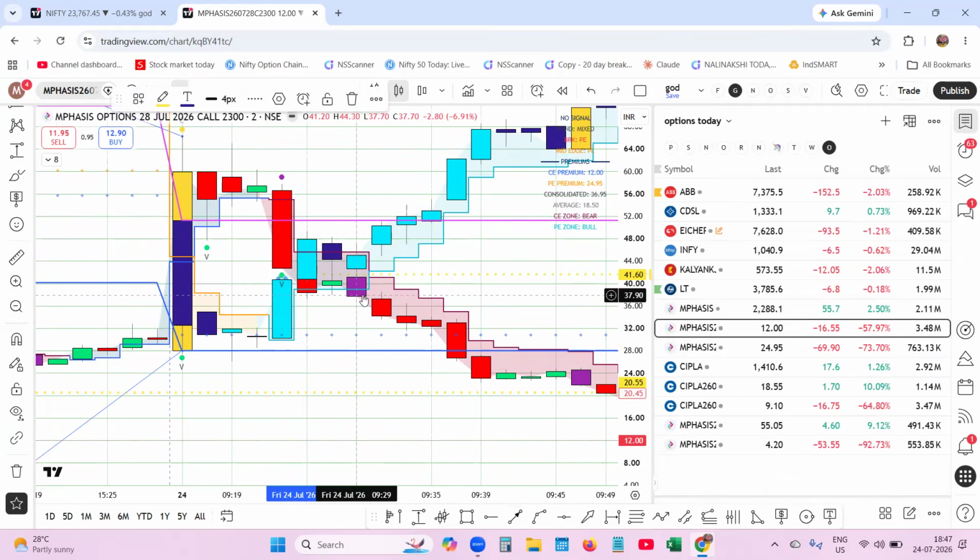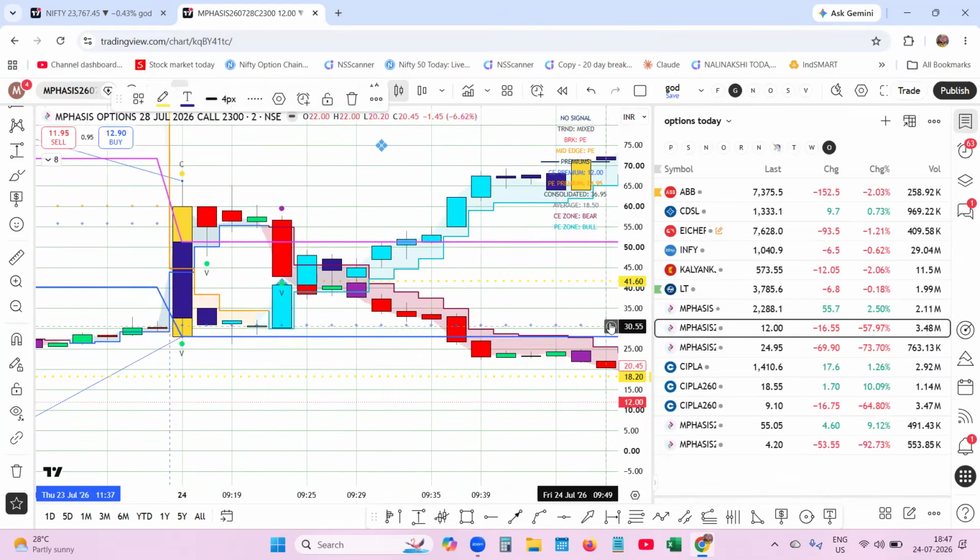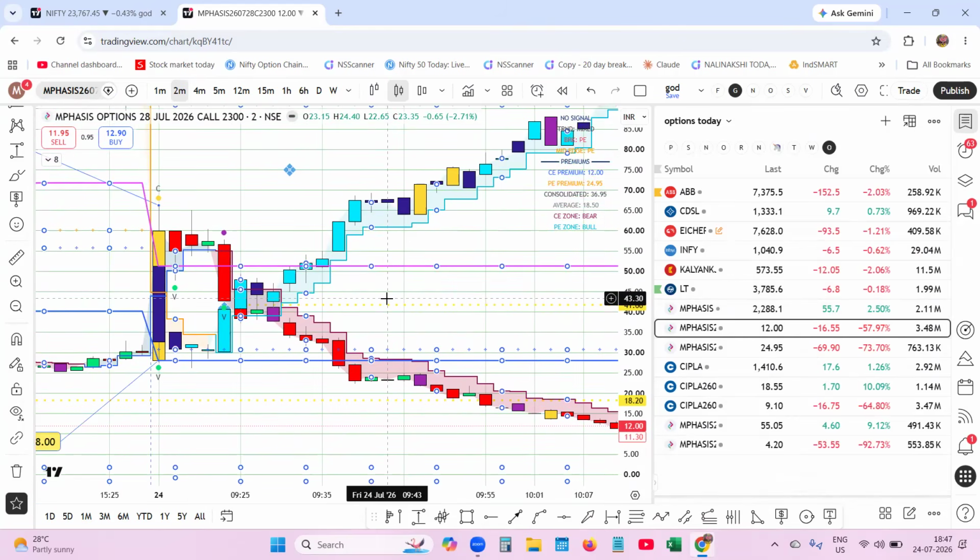Notice, on the call side, it has come down. They have flipped. For a while, they have flipped. And then put option started dominating. And I'll be simultaneously watching the underlying.